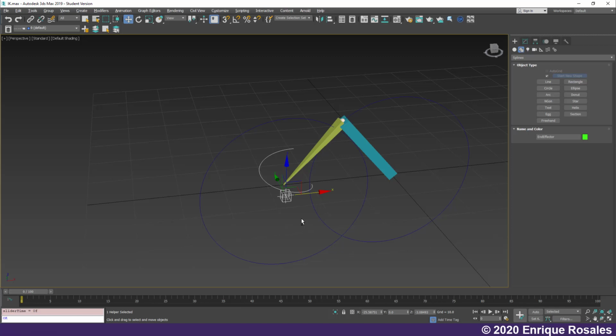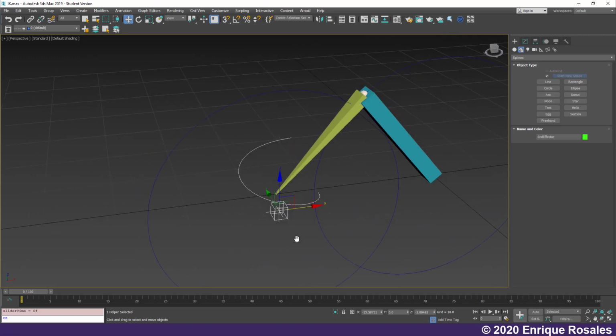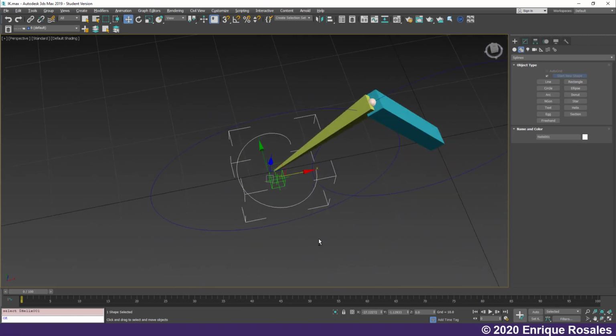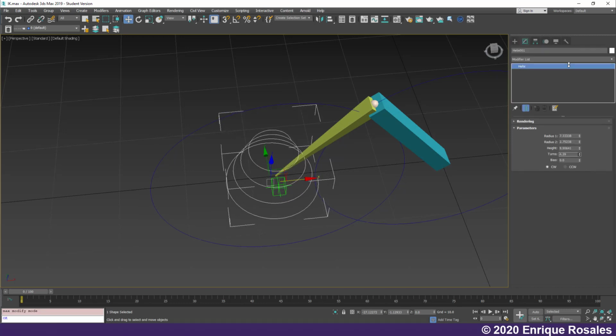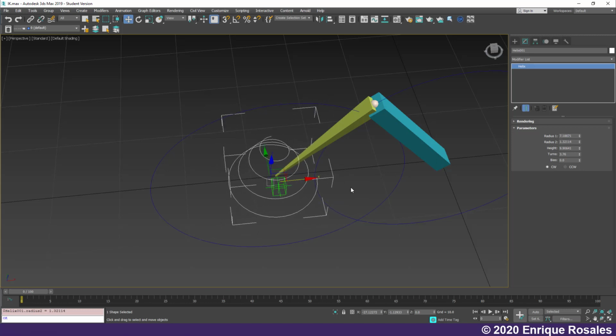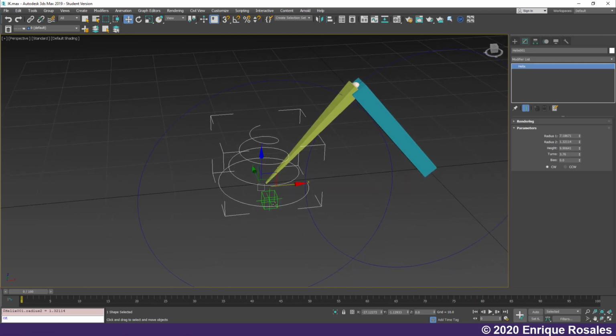So I am creating this end effector here, and I will, I don't know, increase the turns of this guy. Yeah, let's do something like this. It's just a spiral, right?